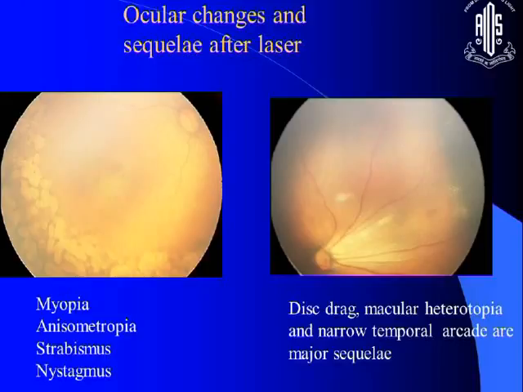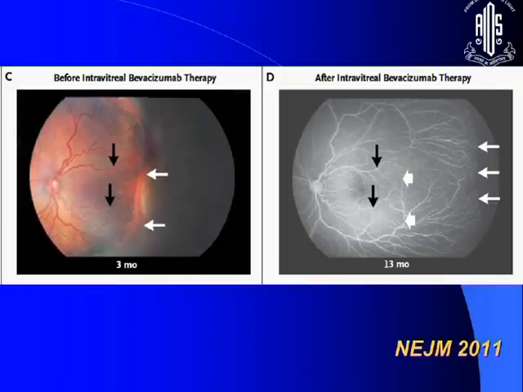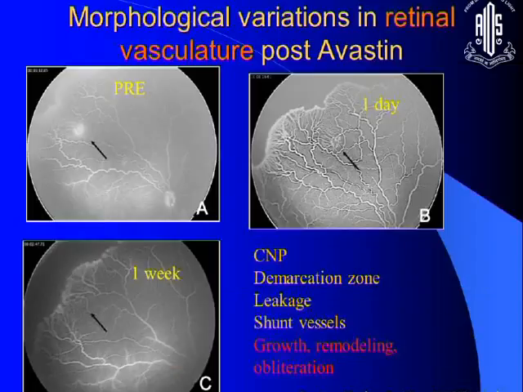And this was the famous Avastin paper, New England Journal of Medicine, from Miss Hittner, and she could show this progression and how the vessels are growing on angiography on RetCam. And these pictures were given to me by a very smart lady from Mexico, and she did a lot of angiography, and you can see how well you can look at the avascular area, demarcation line, leakages, shunt vessels.